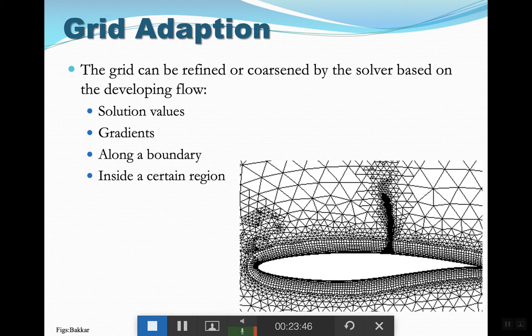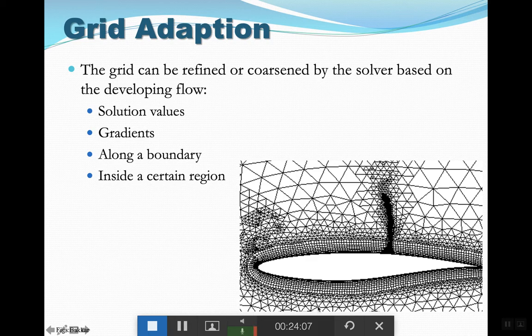But sometimes it's not as easy as that. Sometimes your gradient moves inside your domain. You know you're going to have some sort of velocity or pressure gradient, but you don't know where exactly.